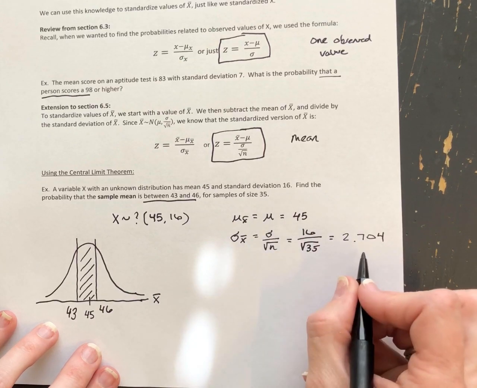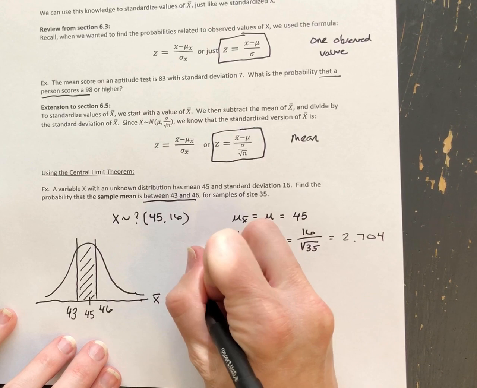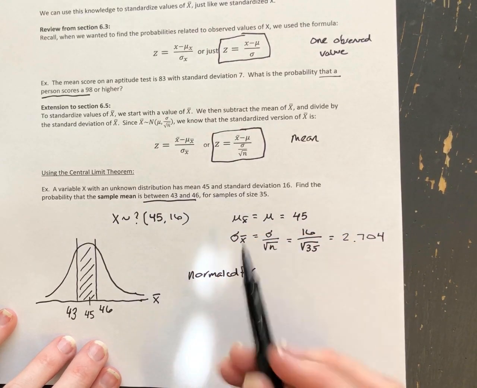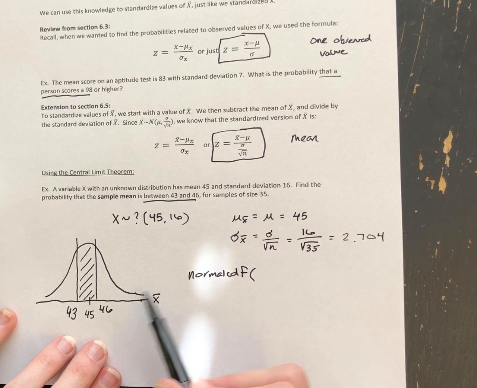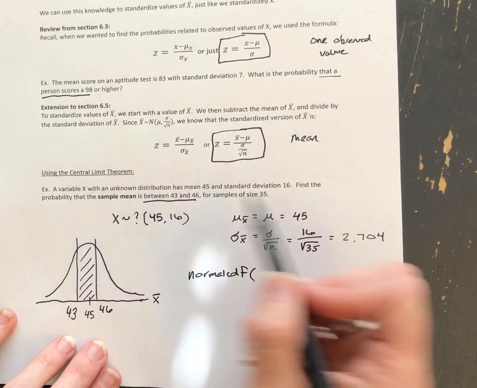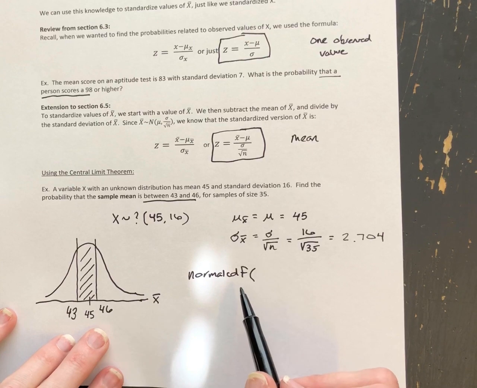And again, here's its mean, here's its standard deviation. And so the way to do that is we're still going to use normal CDF. And we can do that because of the central limit theorem. We know that x bar is going to be approximately normally distributed even though x wasn't, because we have a big enough sample size.